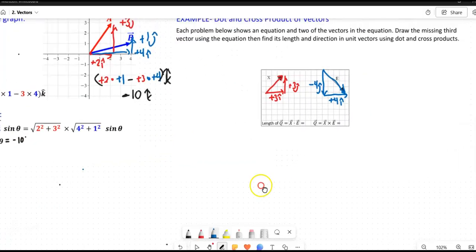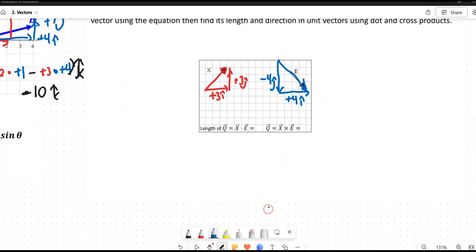So to find Q, Q is going to be equal to X dot E. We're doing the dot product first.